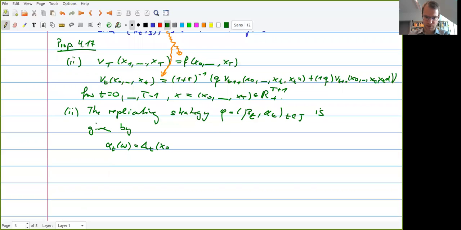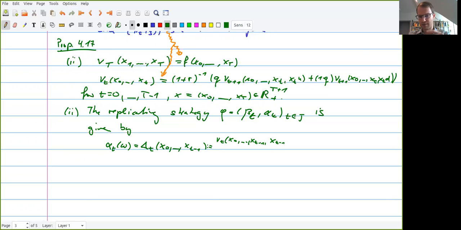So it depends only on the price at time t, on the price at t minus 1, and this is defined as, well, what you want to do is hedge the movement of the value function in the trading period.